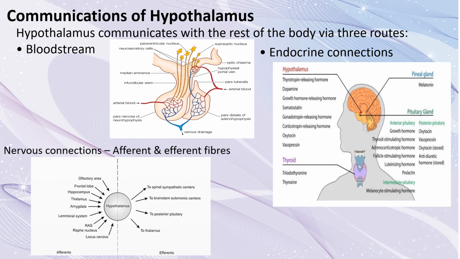The efferent connections of hypothalamic nuclei are also complex and numerous. Here we are going to mention some important connections. The hypothalamic nuclei send efferent fibers to nuclei present in the brainstem and spinal cord. In this way, they control the autonomic nervous system.